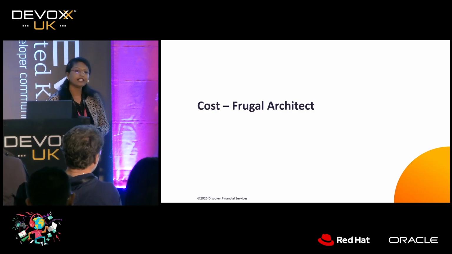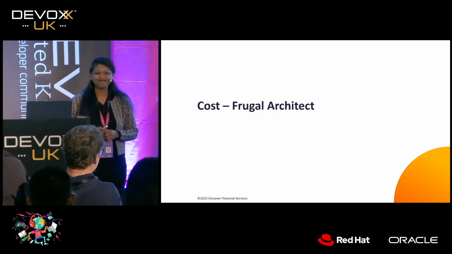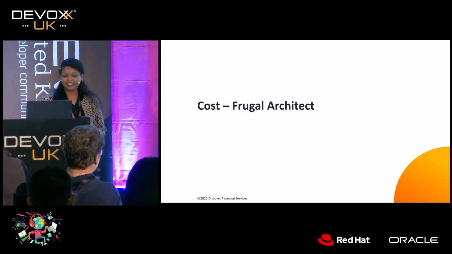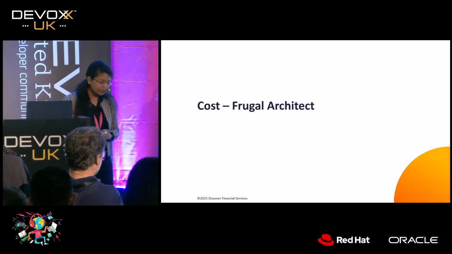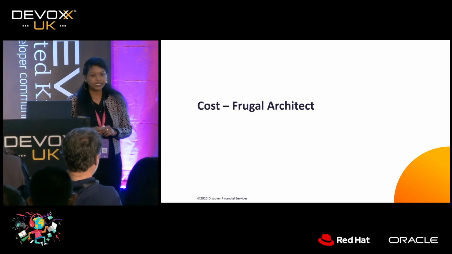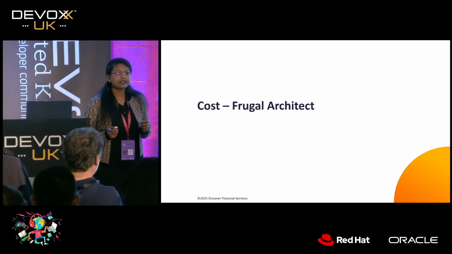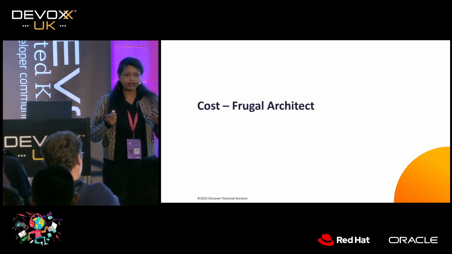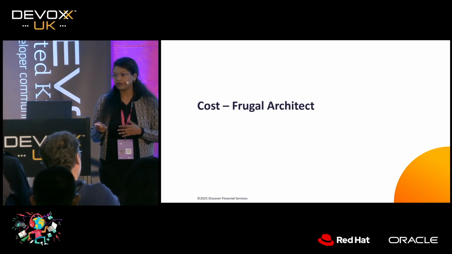Cost. How many of you have heard the term frugal architect? Not bad. The term frugal has been introduced by AWS recently. So why do we even need to care about cost? Traditionally on-premises, it's all about capital expenditure, which means we procure servers once in 5 years, and then they are not taken care of or worried about until the hardware refresh is due, right?